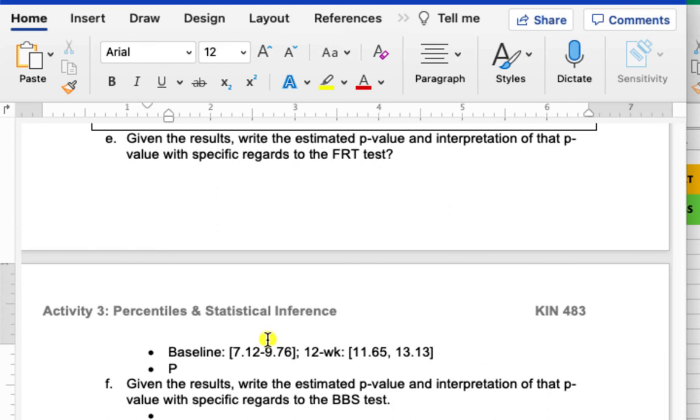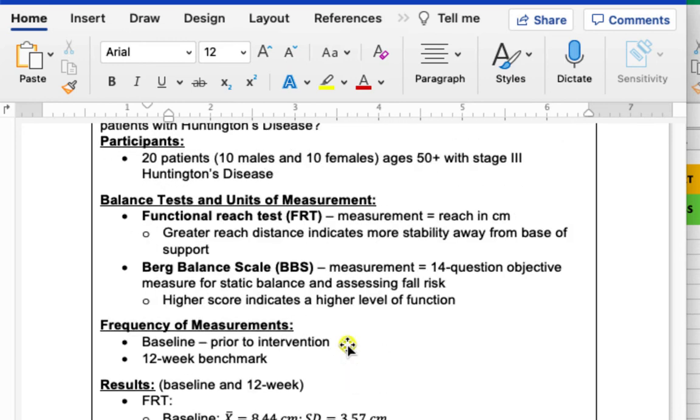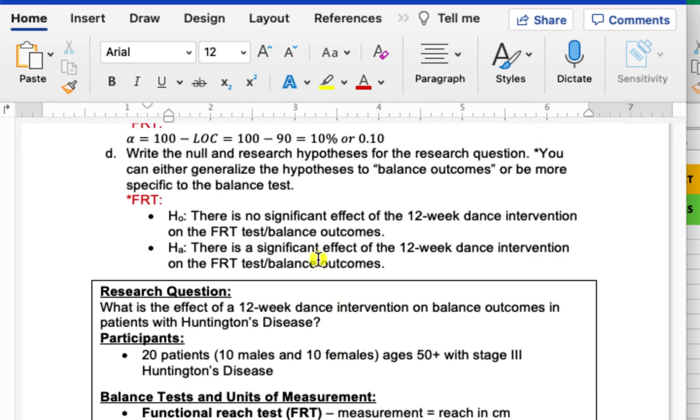So given that there is no degree of overlap in here, we are saying that the 12-week intervention significantly changed our balance outcome. Therefore, if we go back up and look at our hypotheses, we are siding with the alternate hypothesis in that there was a significant effect.